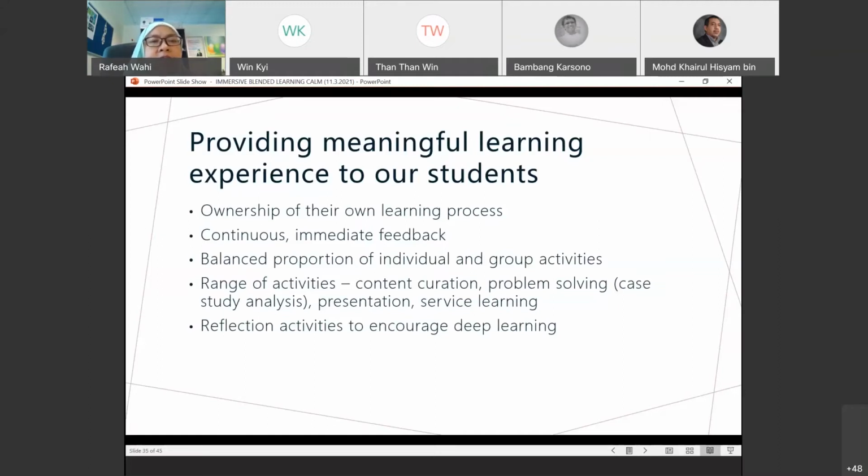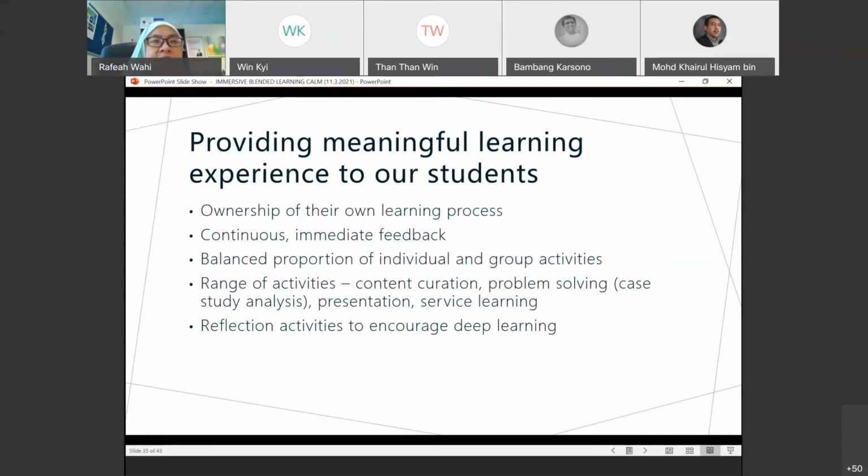And we have a balanced proportion of individual and group activities, because too much of anything is sometimes not good for the students and for us. We also have a range of activities, not only one specific type, but different types of activities which cater to different types of learners.